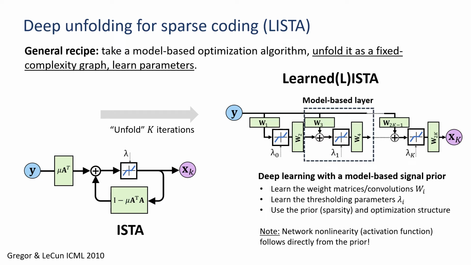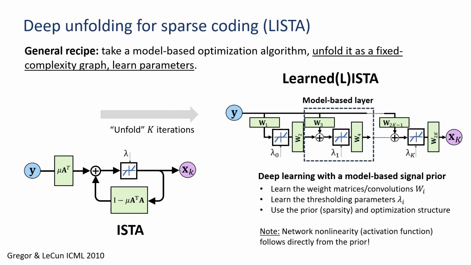Now you take all of these blocks that correspond to the gradient updates, and you learn them. You learn the whole thing end to end, and this gives you a neural network with matrix multiplications or convolutions.